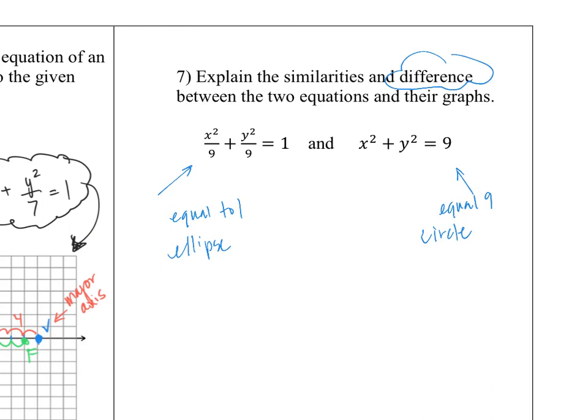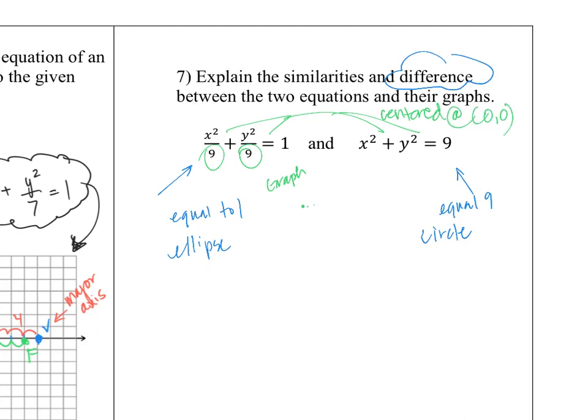But then I also notice that these numbers are the same. So if I were to think about the graph, I would go left and right, up and down the square root of 9, which is 3, so I'd have some center, which actually that's something they have in common also. They have in common that they are centered at 0, 0, both of them.